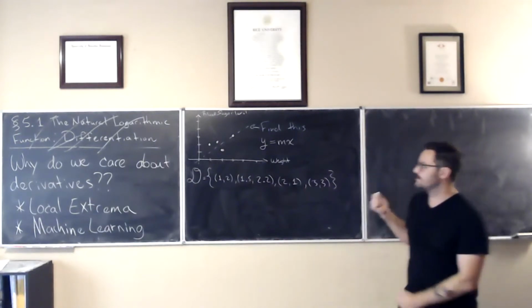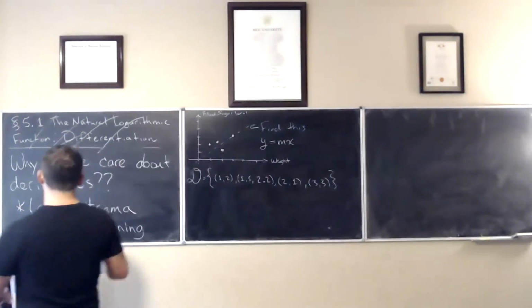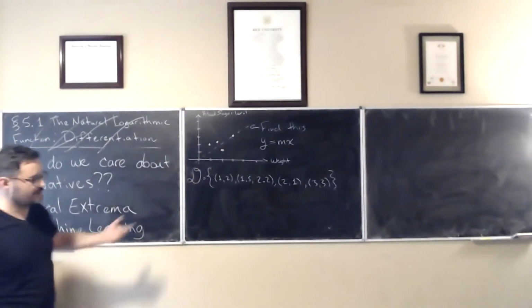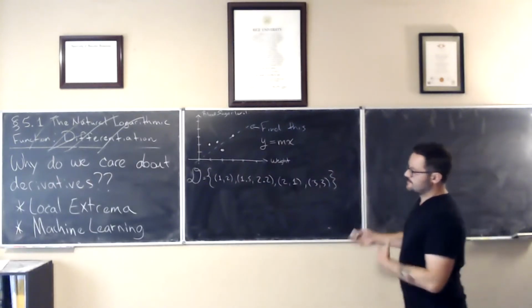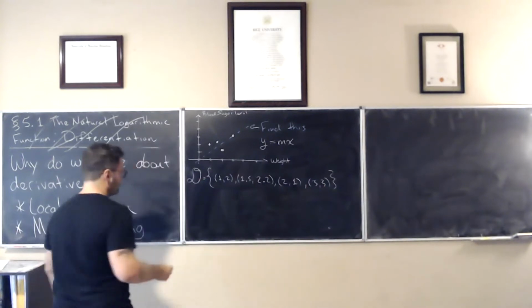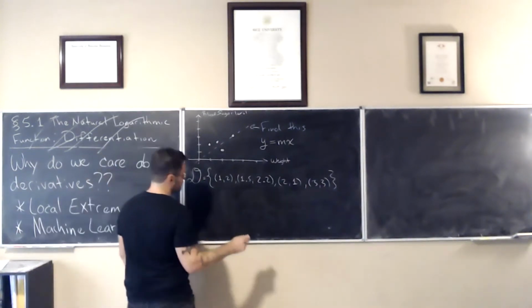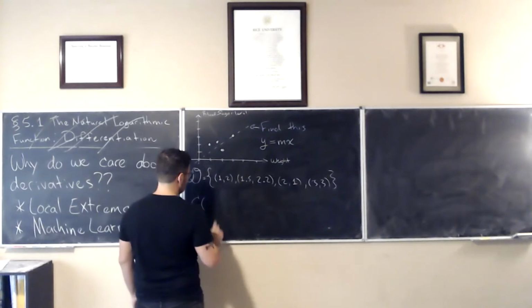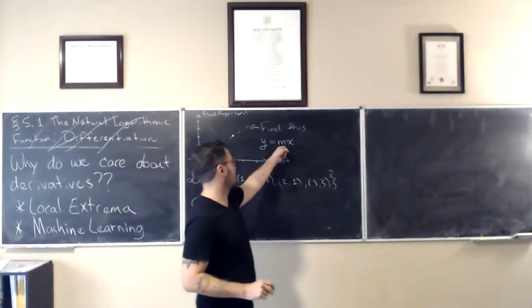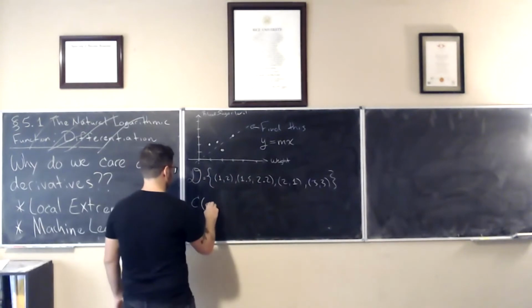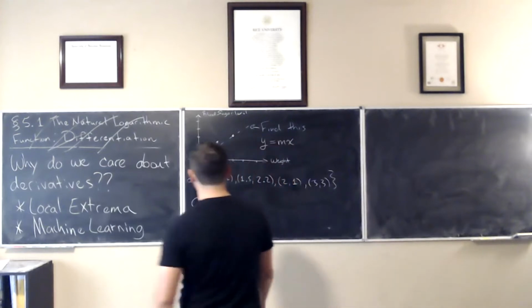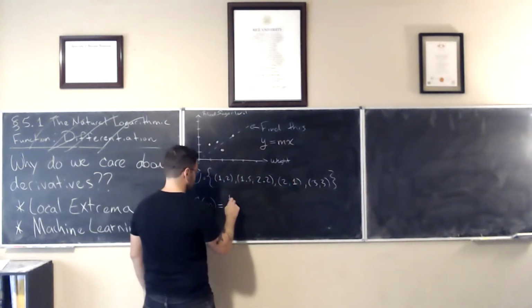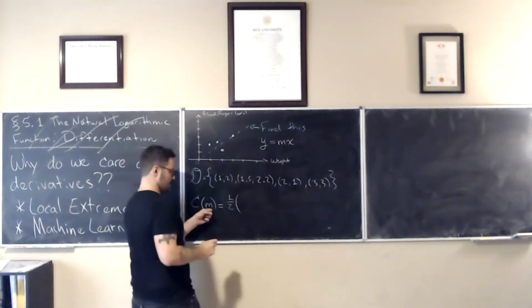So how can we use calculus to help us find that? Well, let's get clever here and let's make a function. I'm going to call this function C, which takes as input a slope m. And this C function is going to be equal to, bear with me here, 1/2 times, our input is m, right?